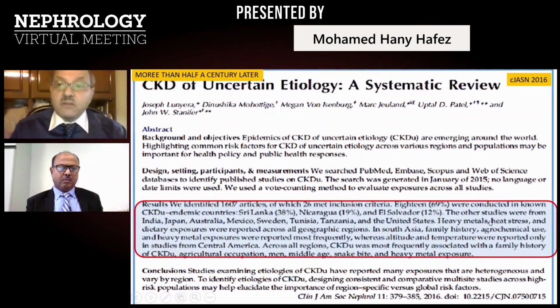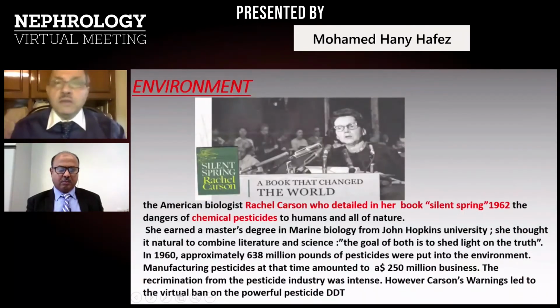They found that heavy metals, heat stress, dietary exposure, and agrochemical use, all of these are important causes of what we nephrologists were mentioning as renal disease of unknown etiology. So it is known that we have environmental pollution, exactly like this lady, Rachel Carson, mentioned more than half a century ago, but now let's go and face the problem that we have.